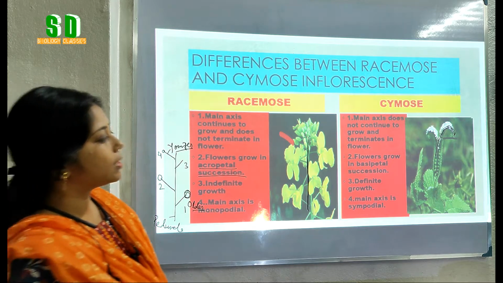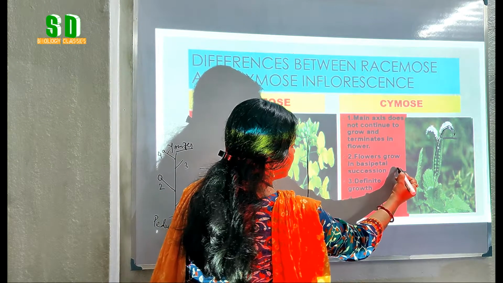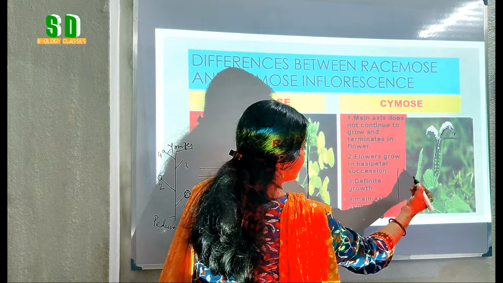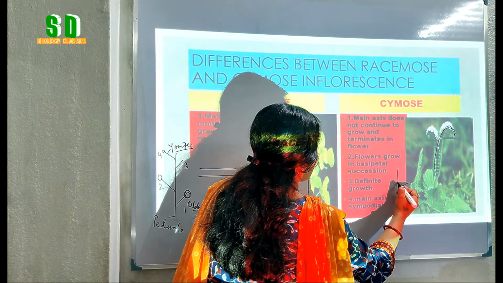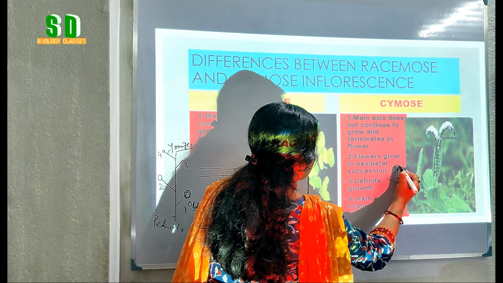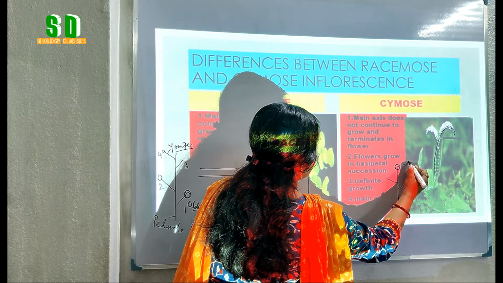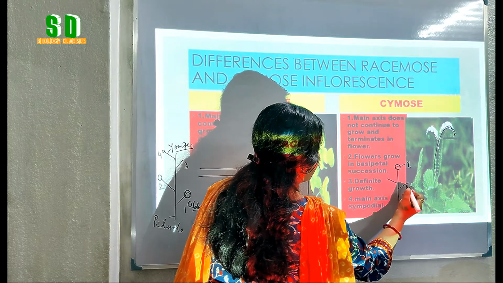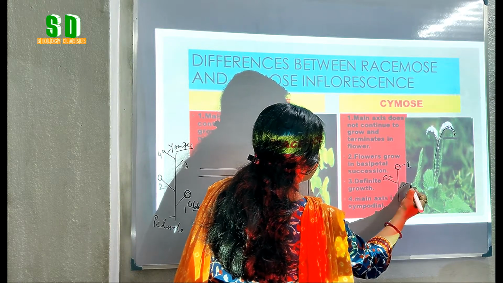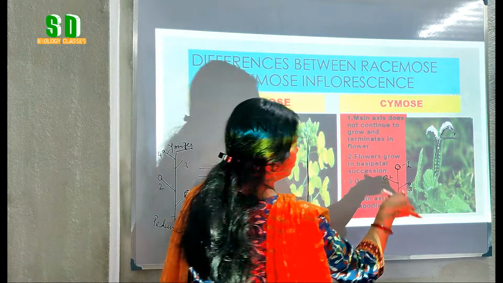But in case of cymose inflorescence, we can see that the floral axis is always terminated by a flower, and the older flower is at the apex or at the tip, and the younger flower is towards the base.